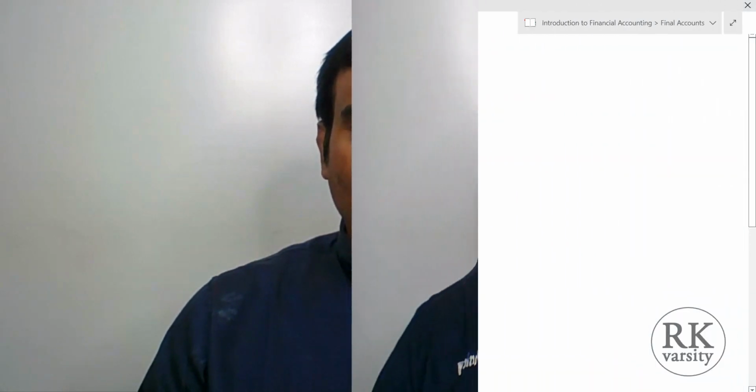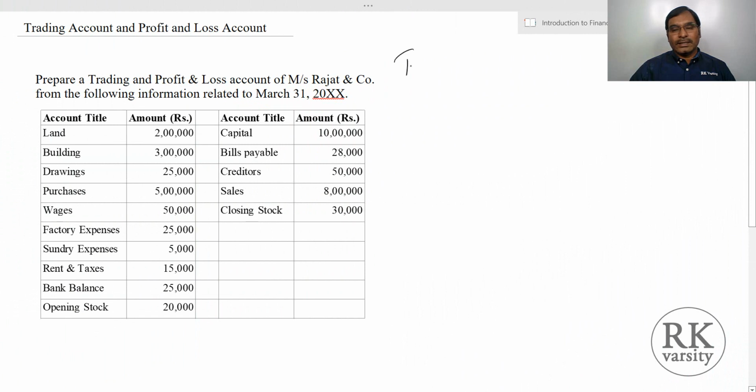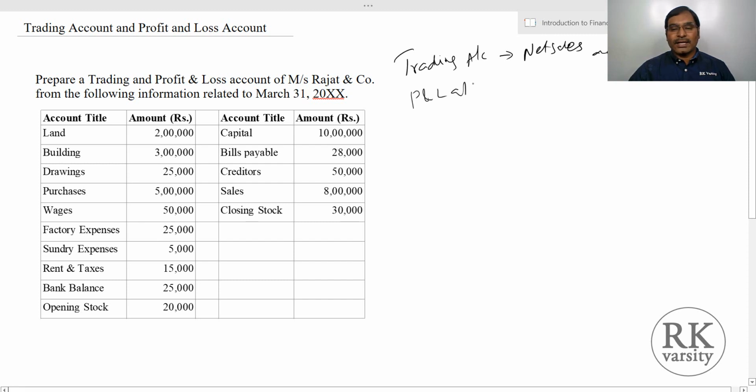Just to remind you, in a trading account, we consider net sales and direct expenses, whereas in the profit and loss account we consider other income and indirect expenses.